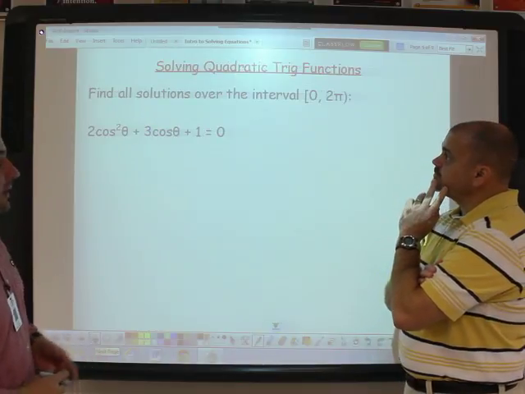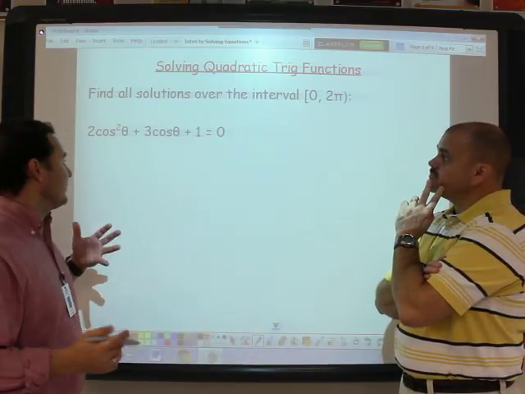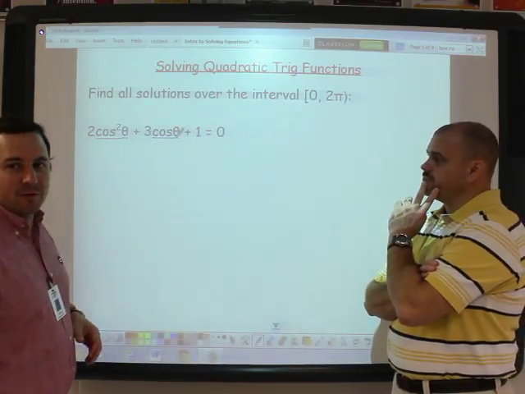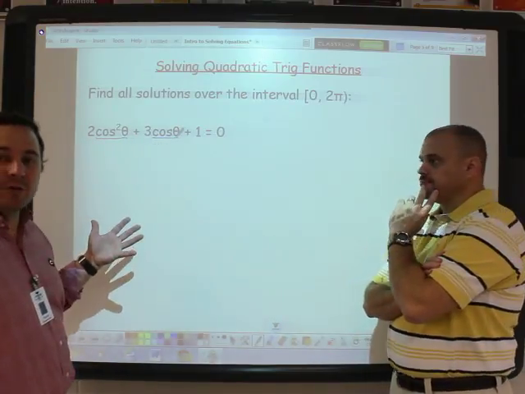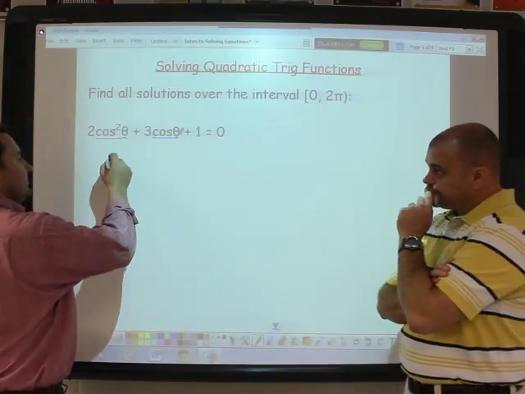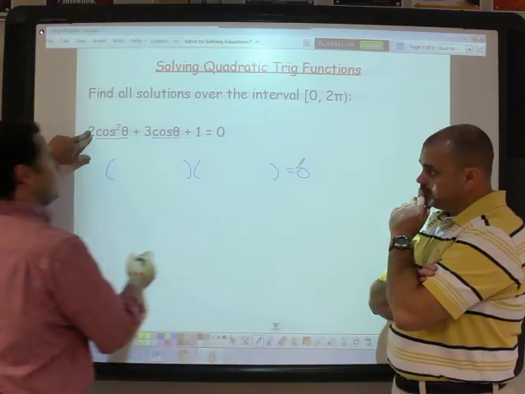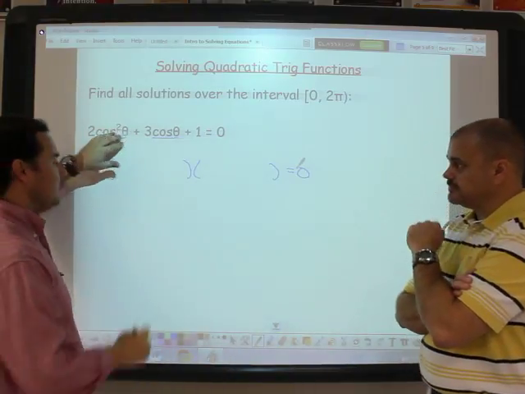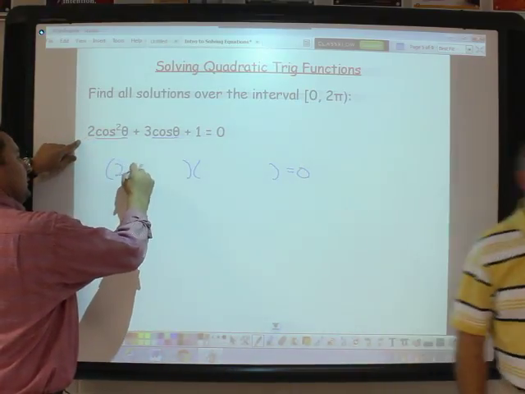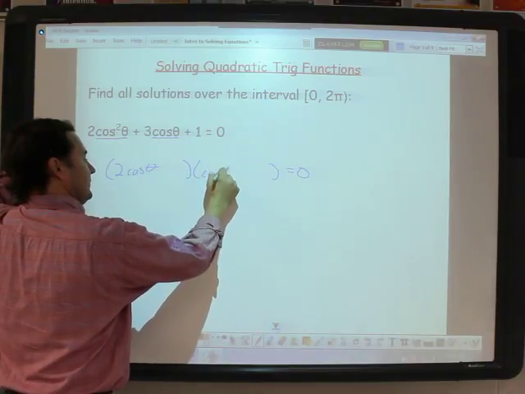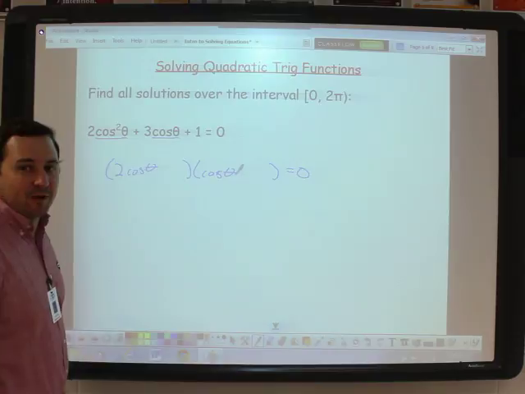Now, this is actually the exact same problem, except my x's have been replaced with cosine thetas. I'll use the exact same approach. 2 cosine squared theta can only factor to 2 cosine times cosine.